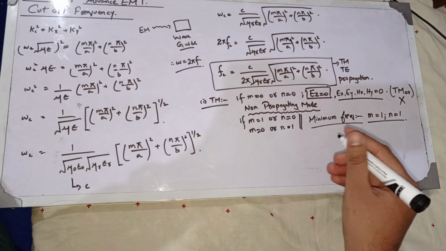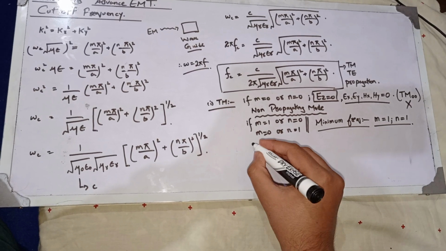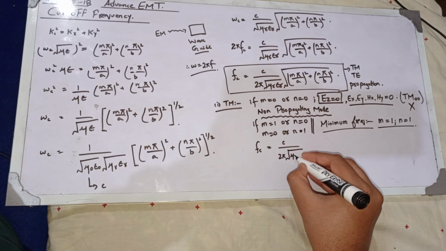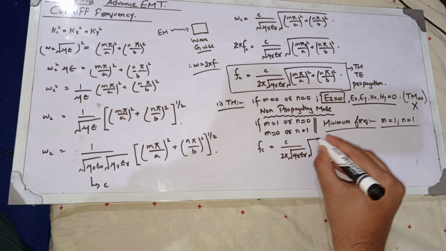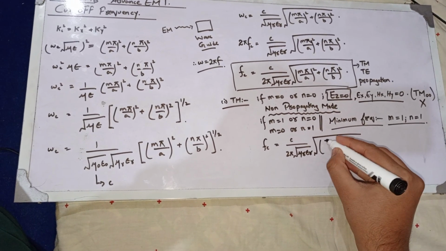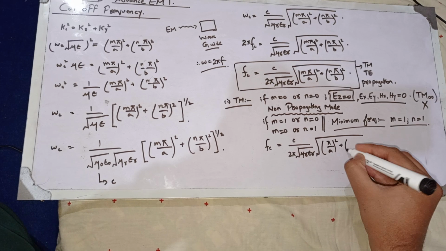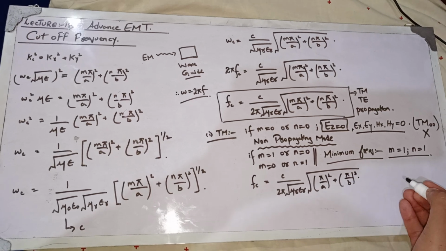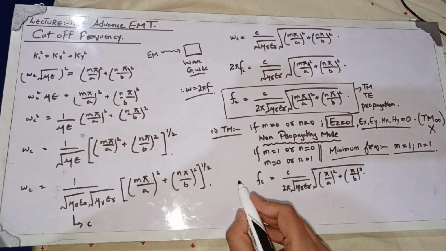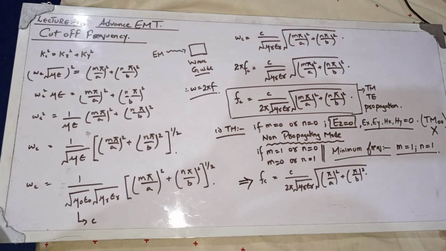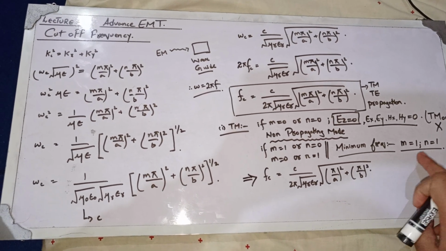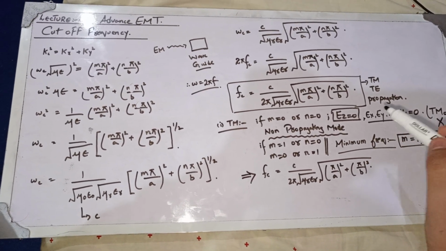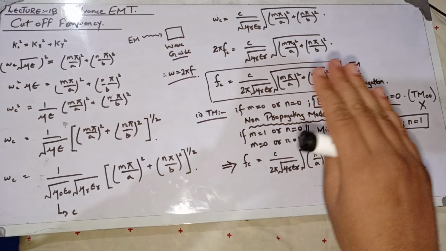In that scenario, your answer should be equal to c by 2 pi under the root of mu r epsilon r, and with m and n becoming 1, it becomes pi by a whole square plus pi by b whole square. So this is the minimum frequency in TM mode when m and n both equal 1. If either both or one of them is 0, then your wave is a non-propagating mode.